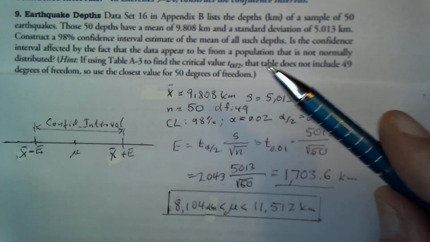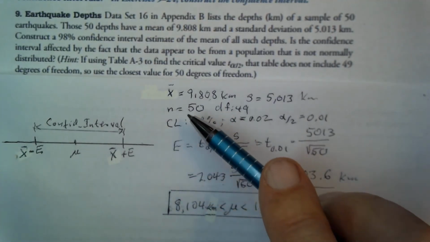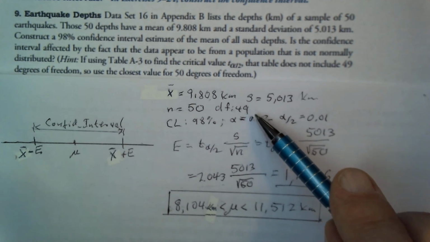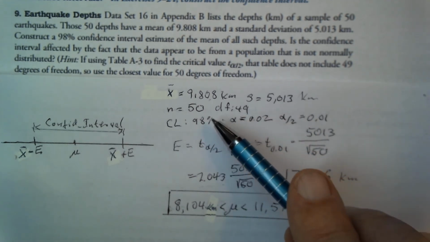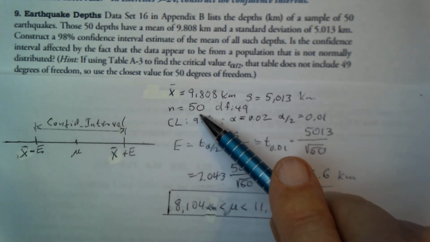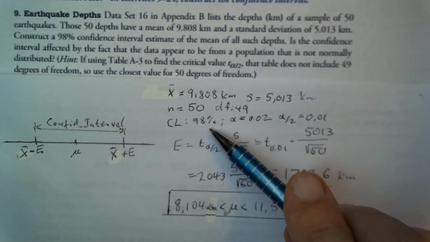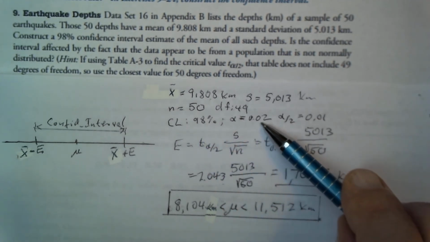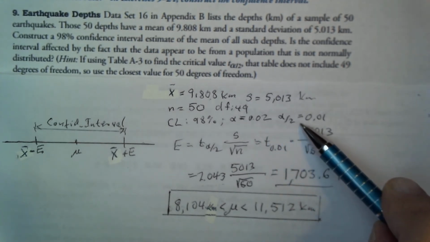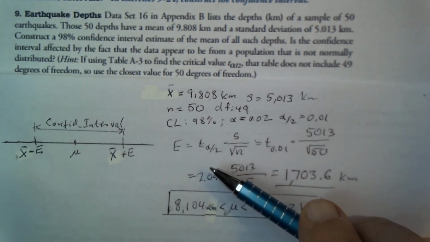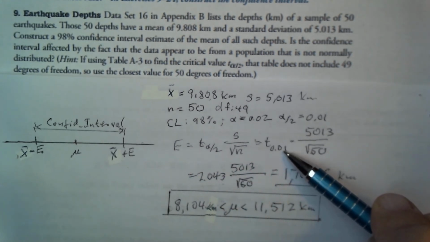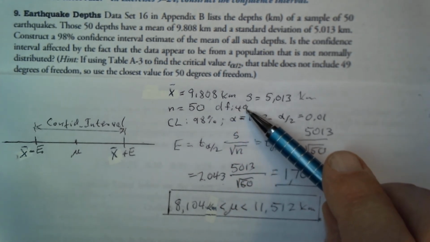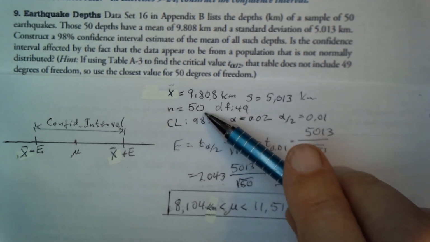So to go over the process one more time, we're using the sample statistics here. The sample mean of 9.808 kilometers, a sample standard deviation of 5.013 kilometers, sample size n of 50, which gives us degrees of freedom of 49, and a confidence level of 98%. That means alpha is equal to 0.02, and alpha divided by 2 is 0.01. So we need to look up t sub 0.01, and in the table for degrees of freedom 49, since that's not in the table, we use the next one, 50.